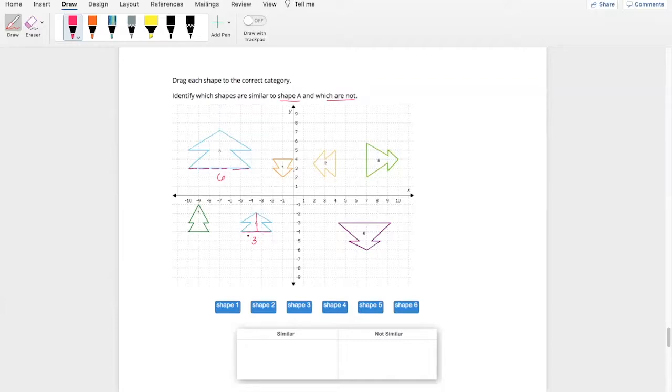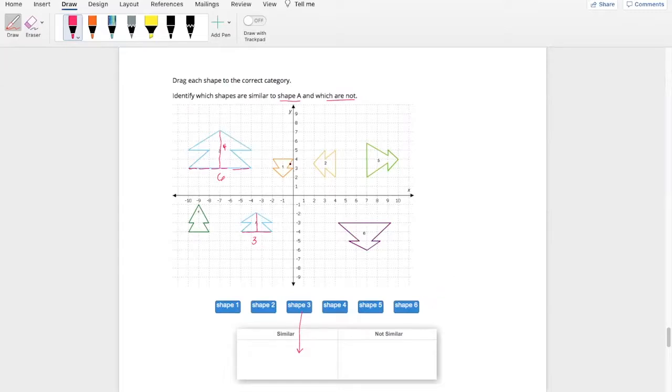So it looks like I went from 3 to 6, it doubled. How about the height of it? Here I had a height of 2, and now it's a height of 4. And you can see those shapes look almost the same. It's like a mini version of it. And we can prove that it's proportional. So therefore, this shape number 3 is what we would say is similar.